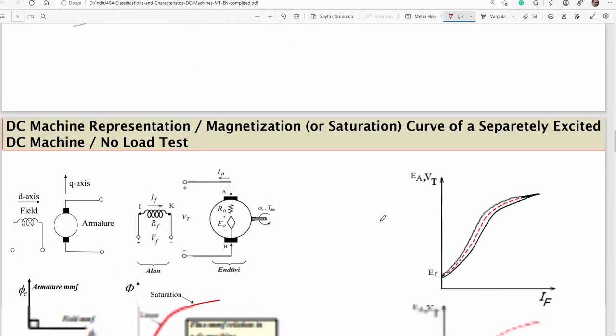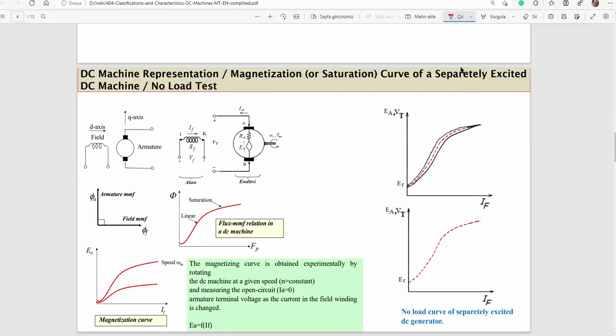Now first of all, let's examine the magnetization curve of the separately excited DC generator. I say generator because the magnetization curve is valid for motor and generator, but we observe such a curve under generator operation. So we operate the machine as a generator to get the magnetization curve.